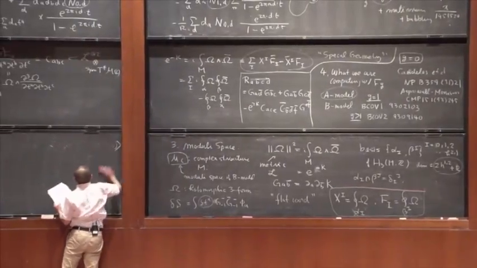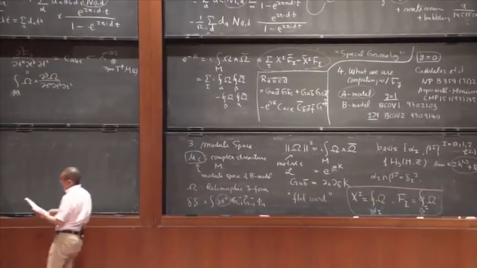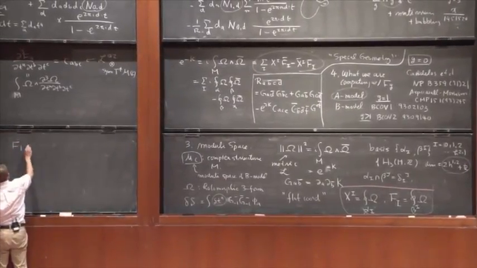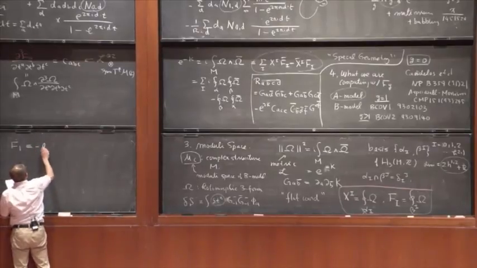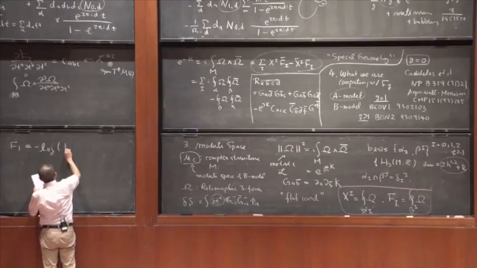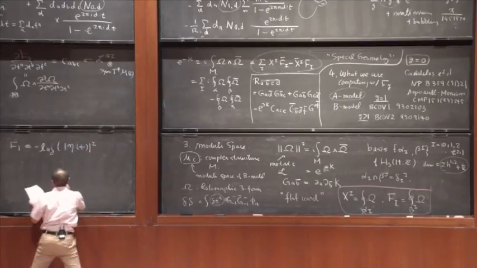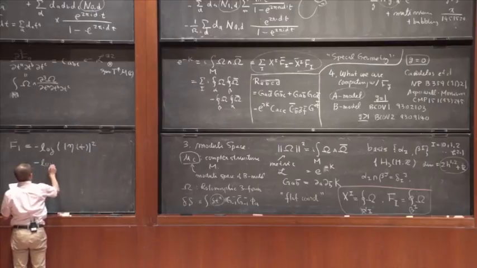So I showed that the torus is parameterized by T and tau, and we can compute F1 explicitly. It is given by a product of the Dedekind eta function, which I hope you are familiar with, for T and tau.